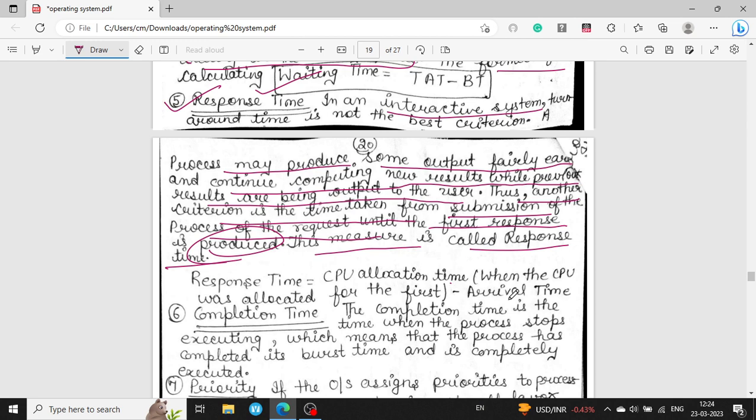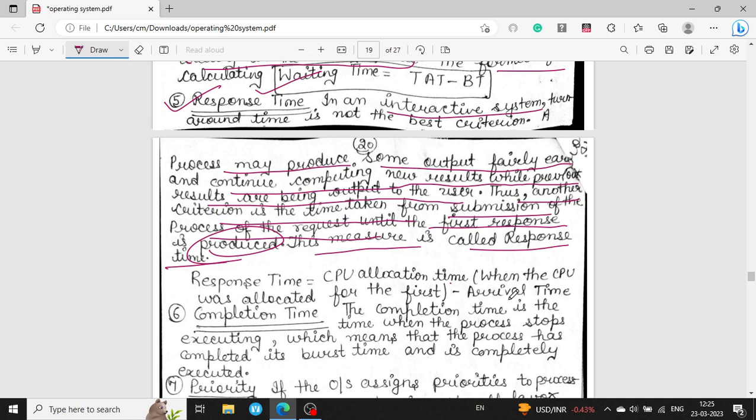When a process arrives and when the CPU is allocated to that process, the duration in between is known as response time.